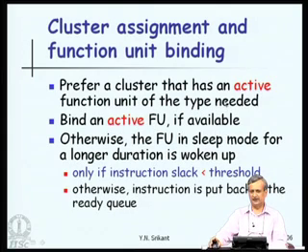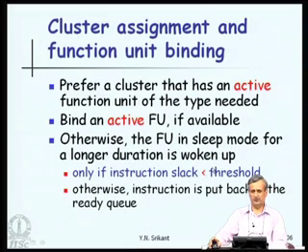Once we assign a cluster, if none of the clusters have an active function unit of the type we need, then any one of them would do, but otherwise this heuristic is possible. In that cluster, bind an active function unit if available, because again we want to keep the function unit active as long as possible. If it is not available, then the function unit in sleep mode for a longer duration is woken up.